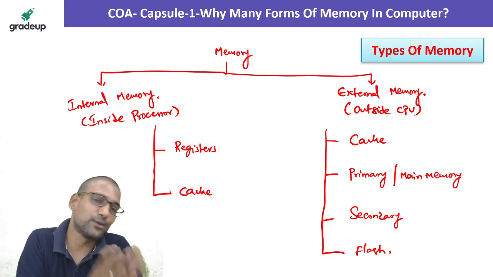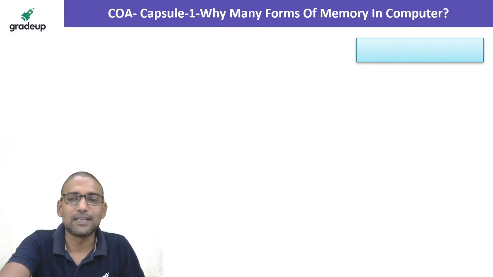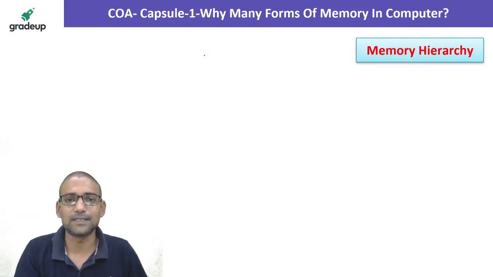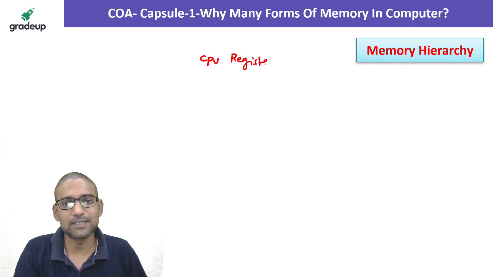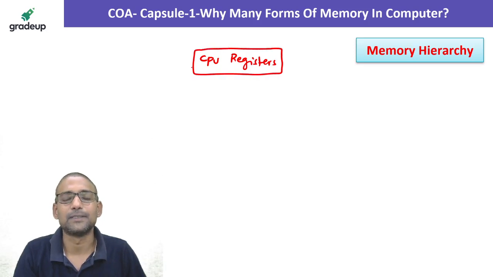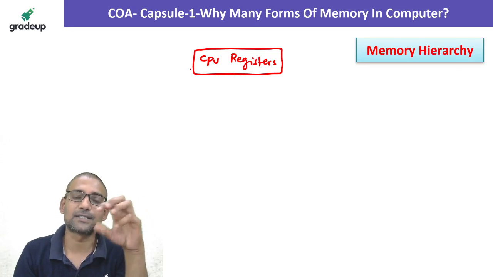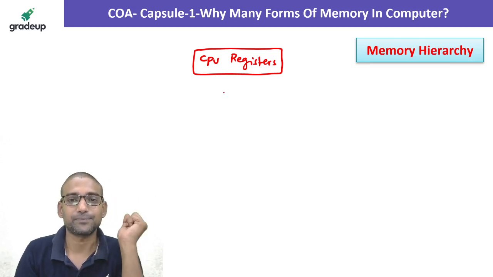So before we know the reason for it, let's see the hierarchy among these memories. Among these, always registers are the fastest form of memory. That means to access content from these registers, it takes less time.